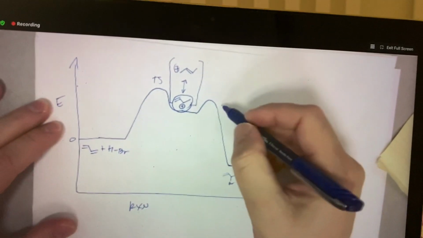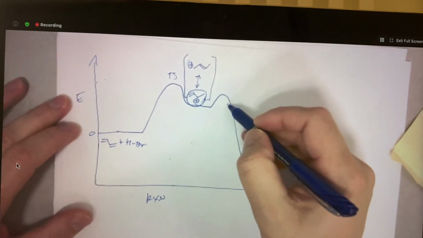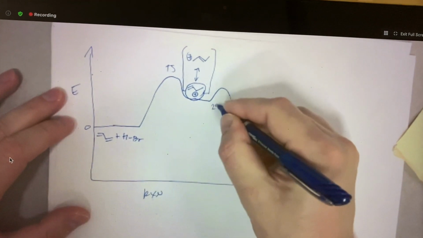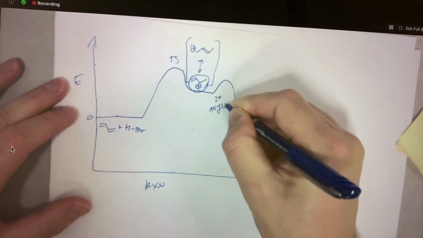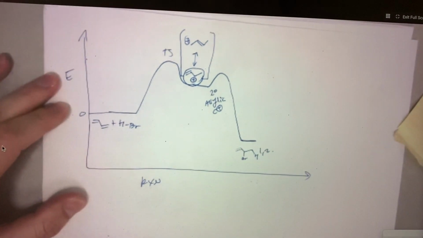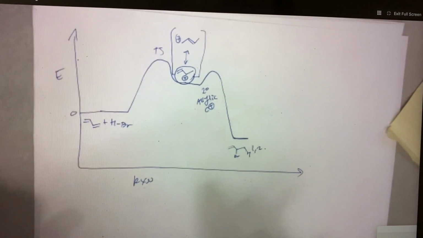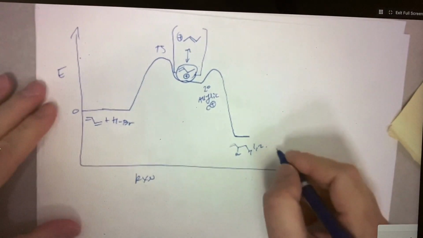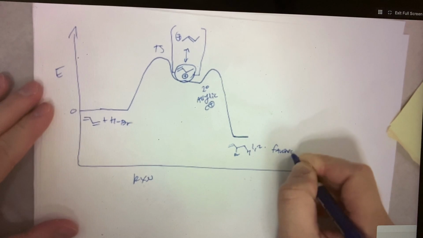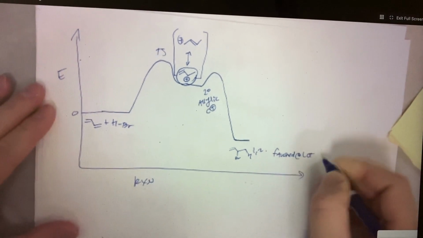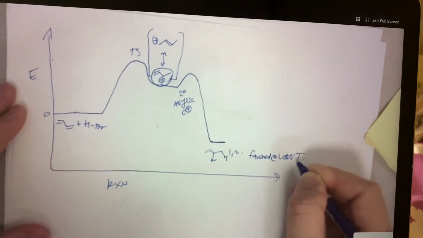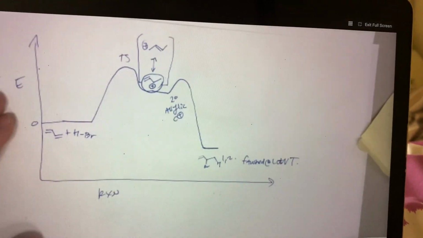And if we go along this particular pathway here, we're using the secondary allylic carbocation. The 1,2 addition product was favored at low temperature. This was favored at low temperature.